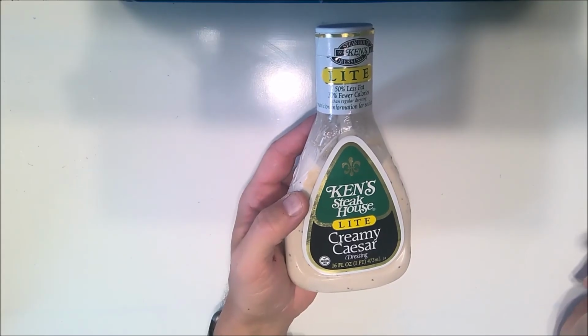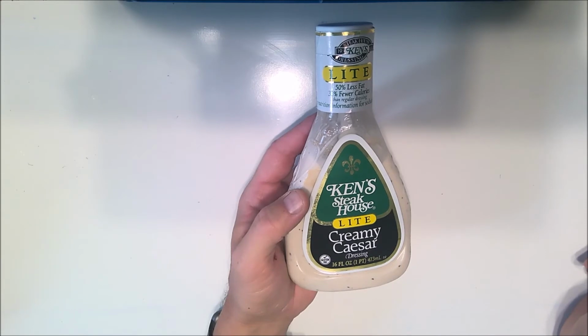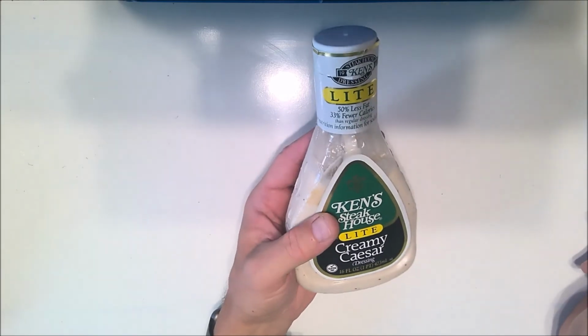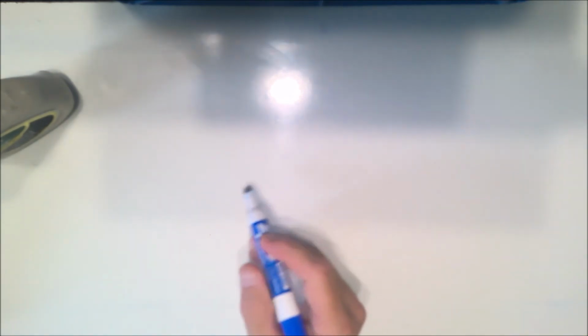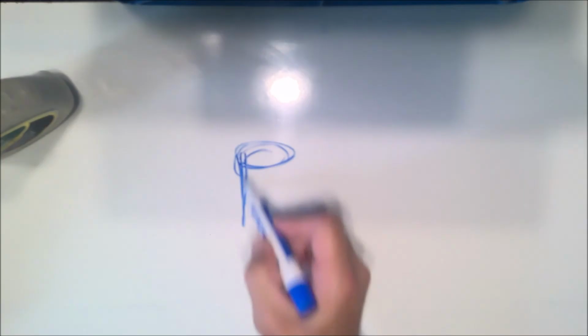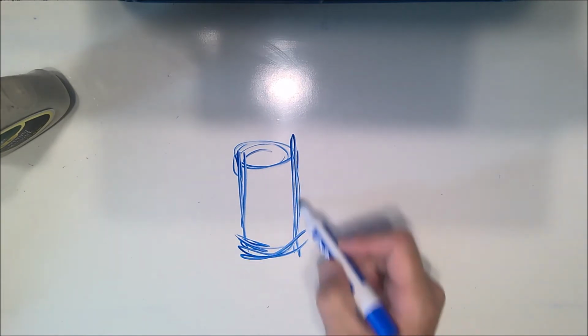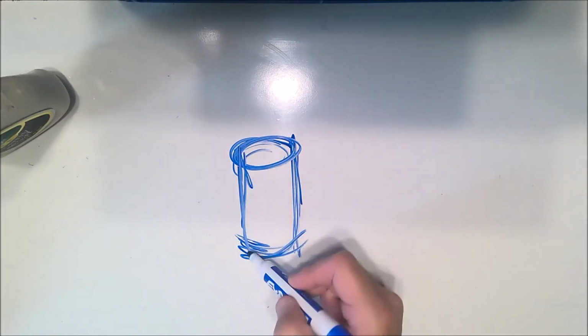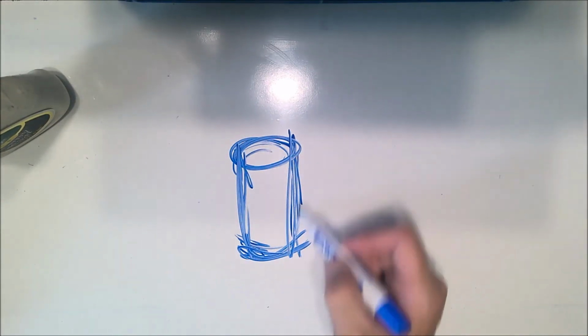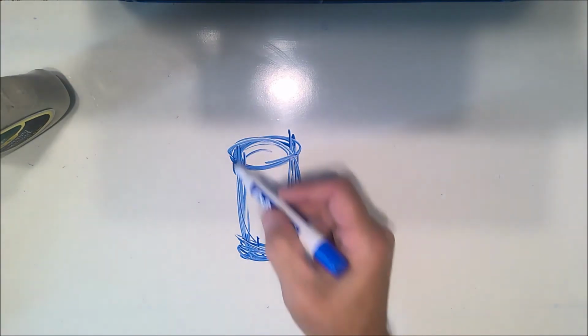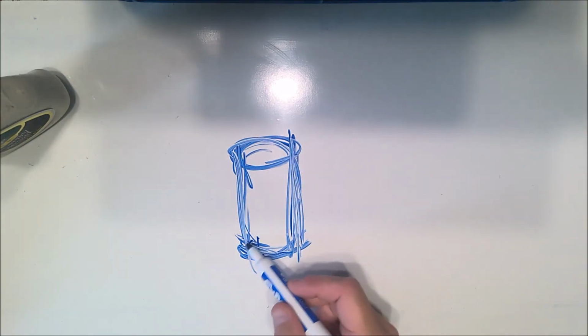Next, I'm going to draw this Ken's Steakhouse Light and Creamy Caesar Dressing bottle. I got that set up, and again, we're going to break it up into basic shapes. The neck of the bottle is a cylinder, so it's basically going to be ovals and rectangles. I'm assembling ovals and rectangles.